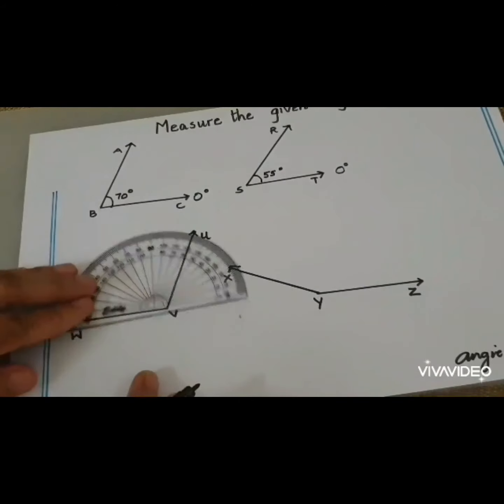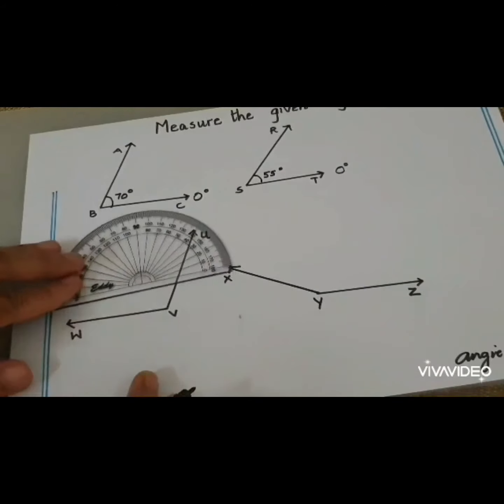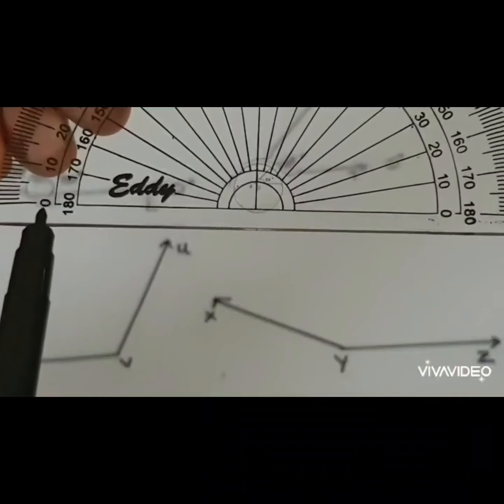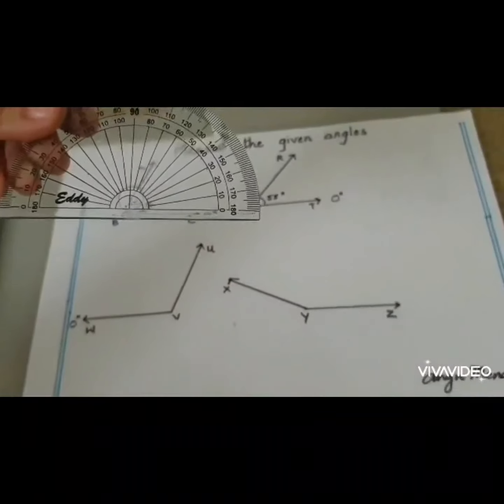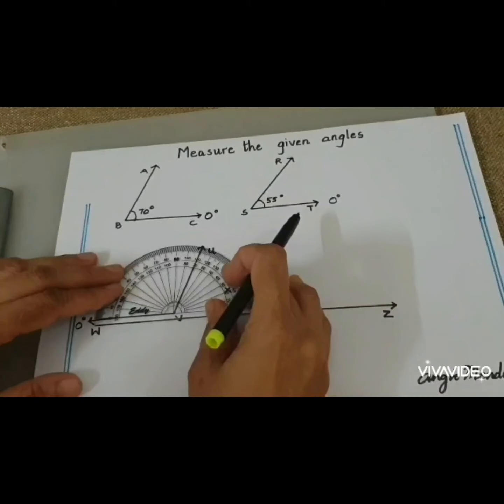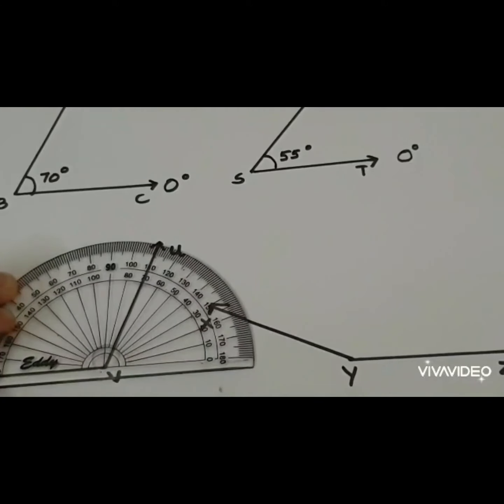In angle UVW, since the ray VW is extending towards your left, write 0 degrees towards your left. Find 0 degree on your protractor towards the left and then align the center of the protractor with the vertex.